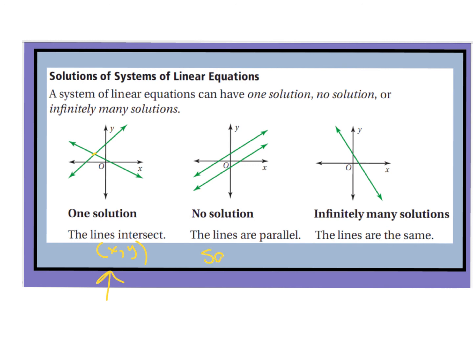If they have the same slope, that means they're parallel. There's no solution. You don't even have to graph those. The third one, infinitely many solutions, or all solutions as I'm used to calling it, is if you have the exact same equation all the way through. Same slope and same y-intercept.